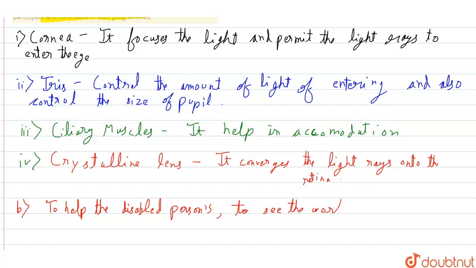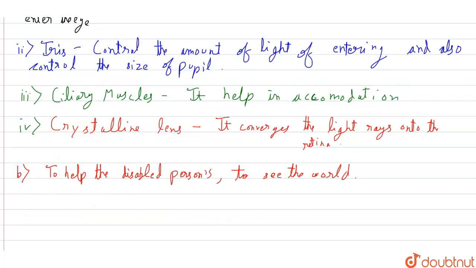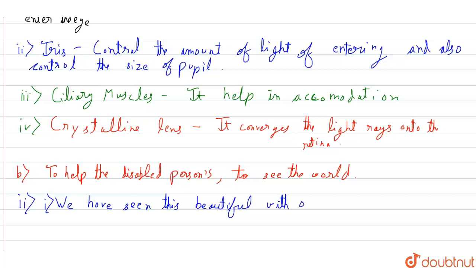Secondly, the question given there is to write 2 arguments by which we can motivate people to donate their eyes. So here we will write in the second point that we have seen this beautiful world with our eyes.